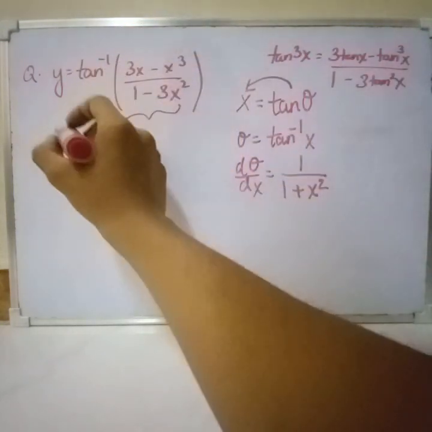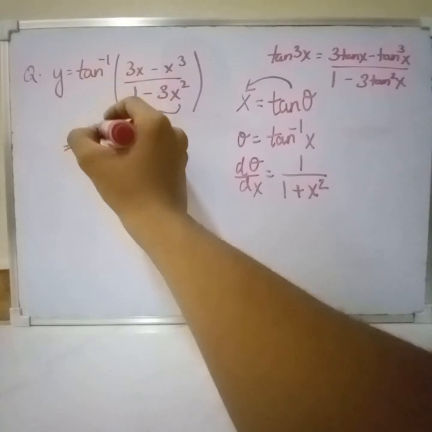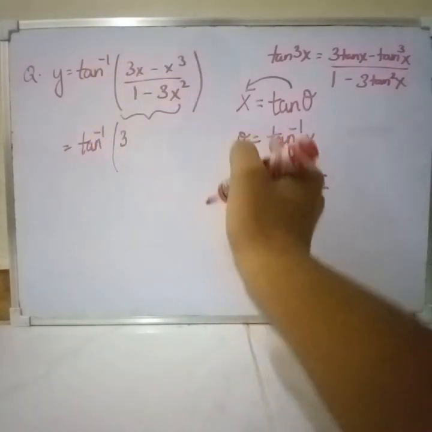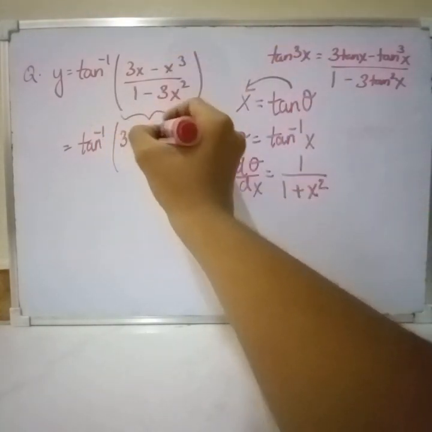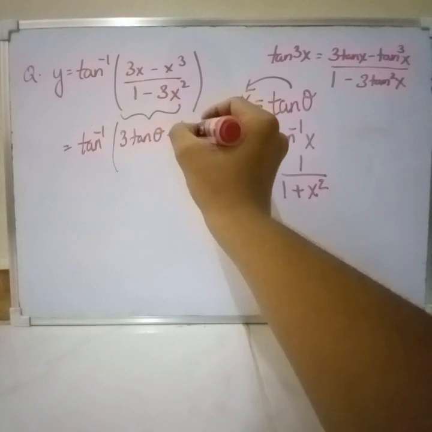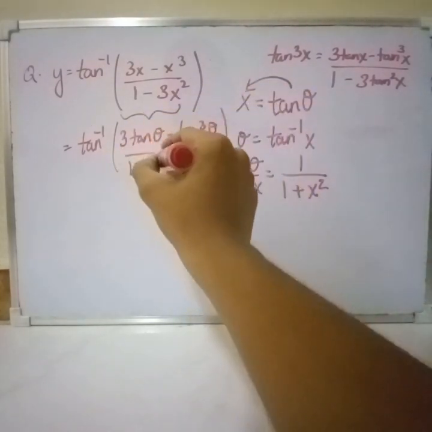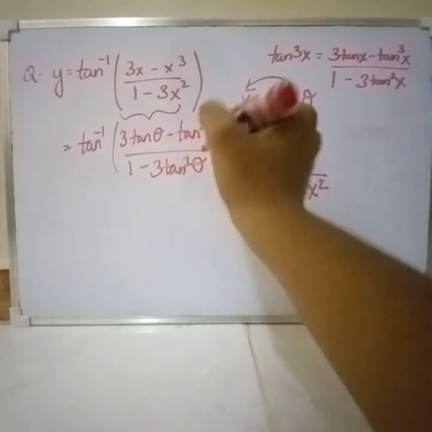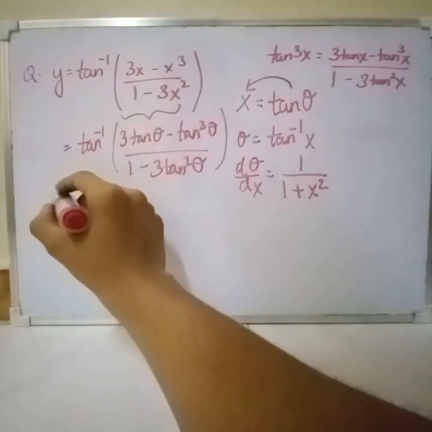First of all, instead of x, we'll substitute in the tan inverse of 3. Instead of x, it should be tan theta. So 3 tan theta minus tan cubed theta by 1 minus 3 tan squared theta. You can simplify this to this equation form.